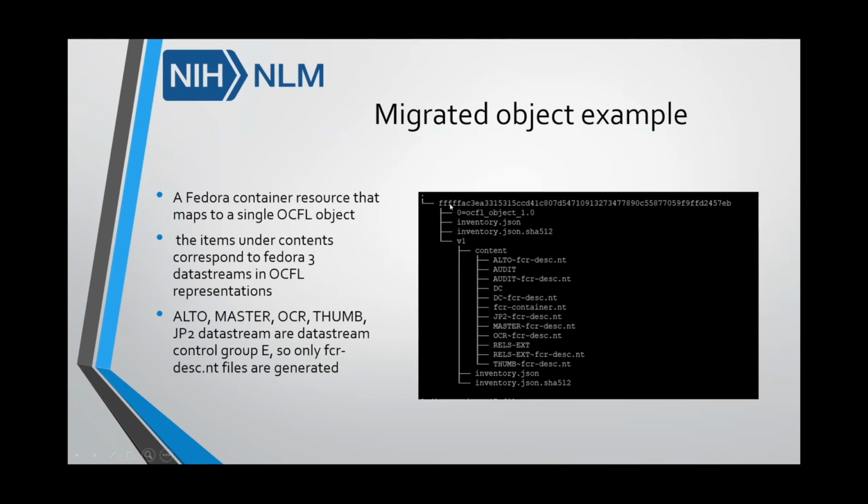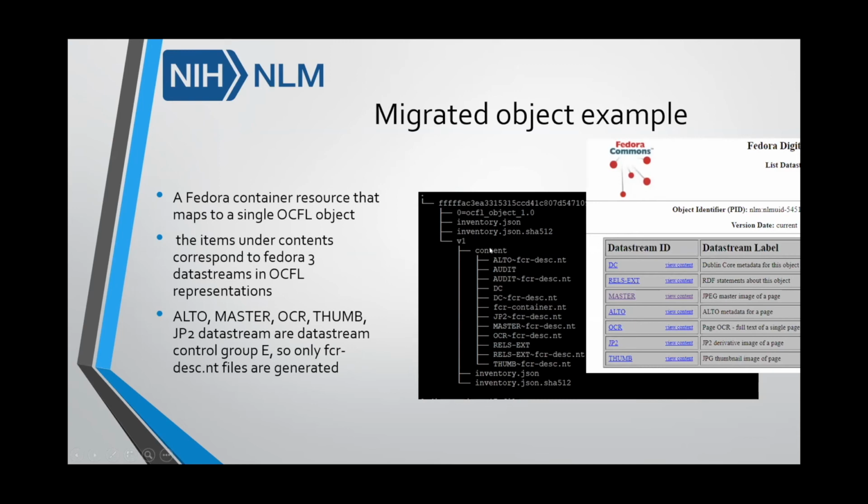And here's the SHA-512 checksum on the object group corresponds to the info/Fedora object ID, so that the Fedora container resource maps to a single OCFL object. Here we see the item in the content folder that corresponds to the Fedora 3 datastream screenshot that I showed earlier.